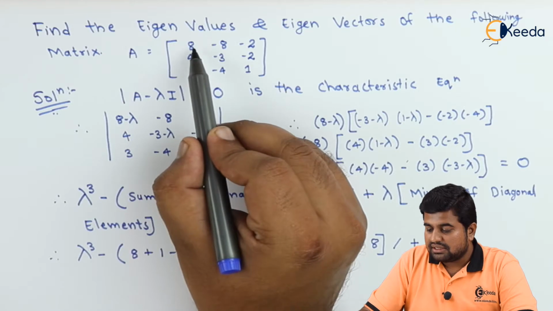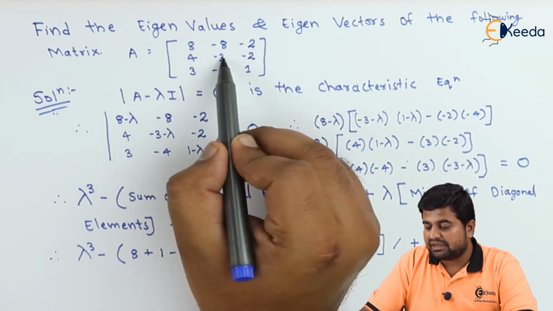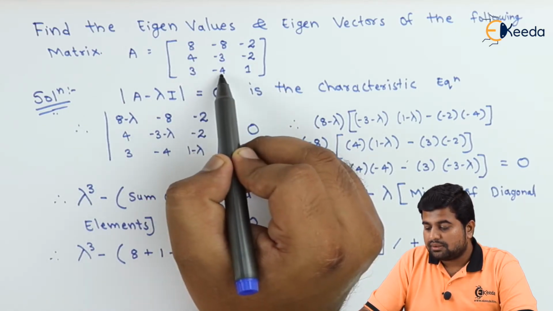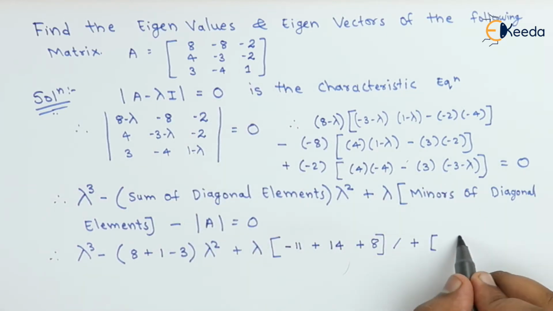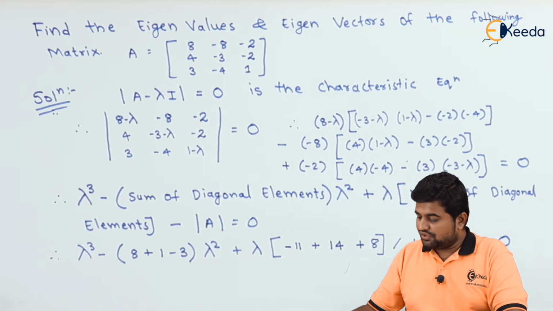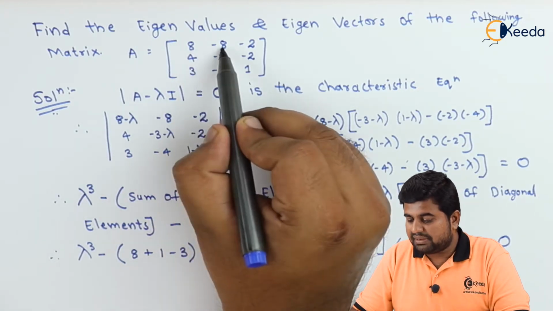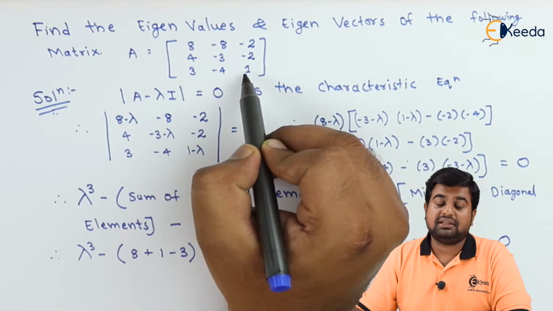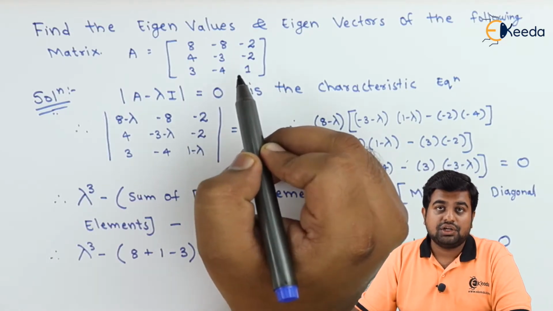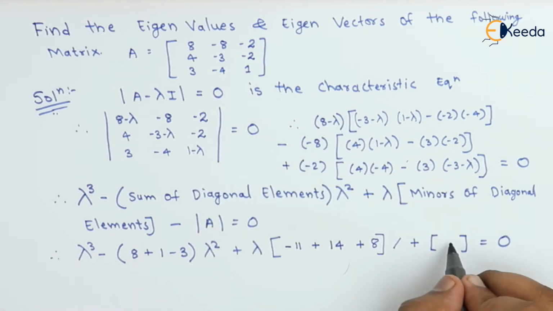The values are 8, minus 8, 2, 4, minus 3, minus 2, 3, minus 4 and 1. By putting these values into the calculator, you will get the determinant value as 6.